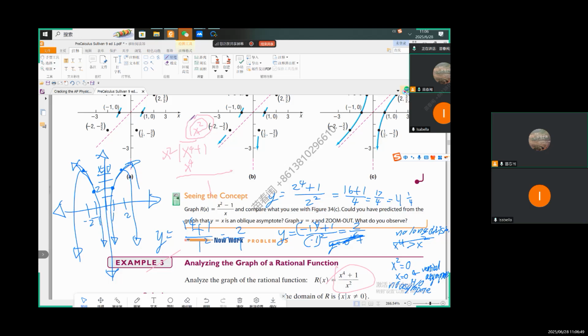Because y can't be 0, right? See, this cannot be 0. So y cannot be 0. You can't really get the x-intercept. Does that make sense? So you can't really go down there.